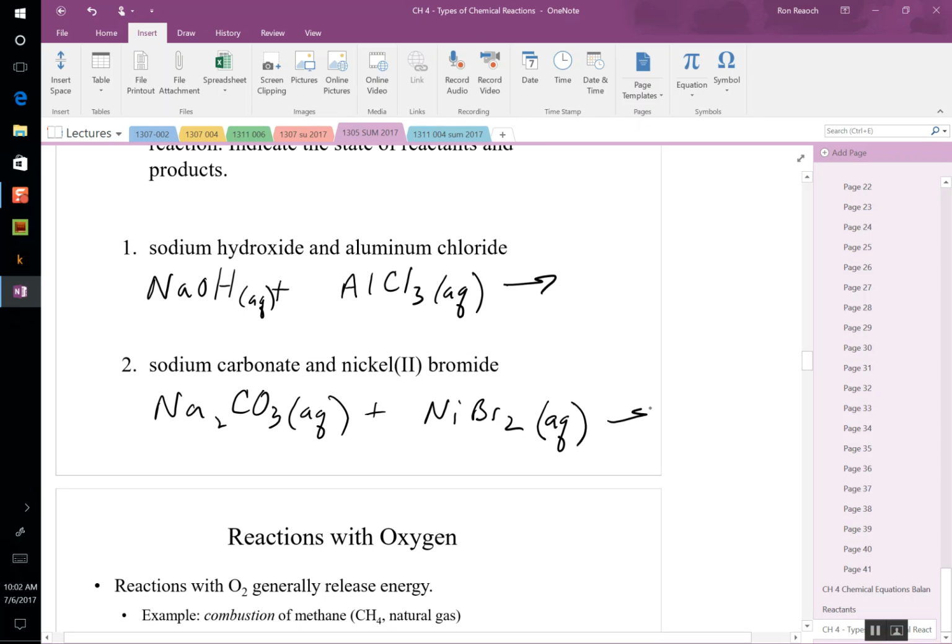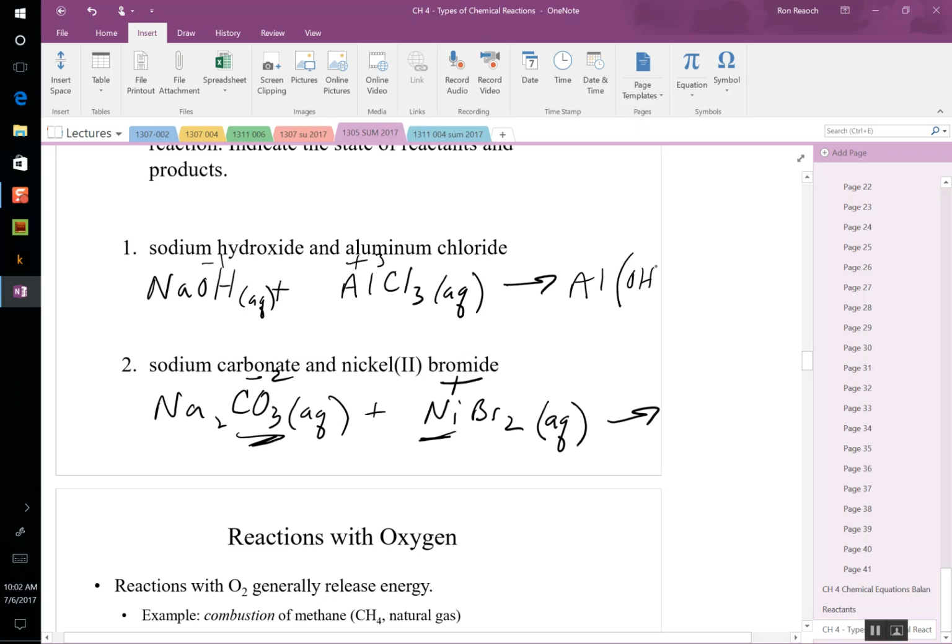So then you could, from the chart, you'd say, okay, if I had a nickel carbonate, would that form a precipitate? You're always taking a positive ion with the negative ion. You're never saying, would carbonate and bromide precipitate? No, they're both negative ions. They would never even be attracted to each other. It's always a positive with the other negative ion.